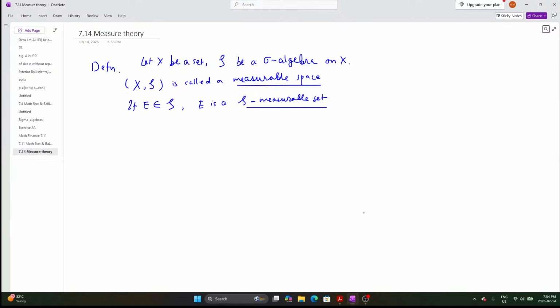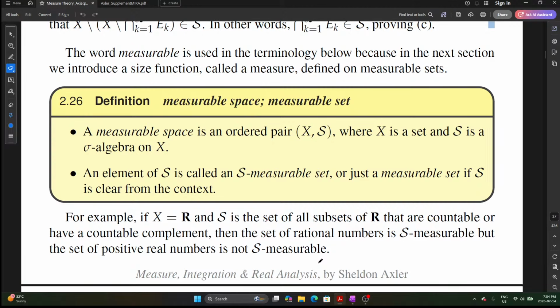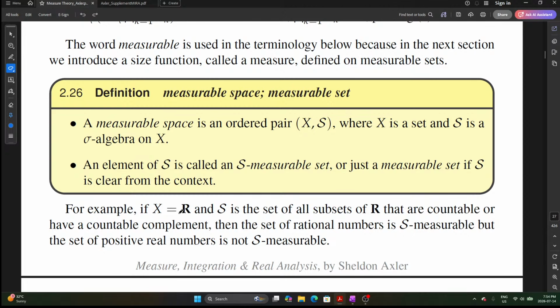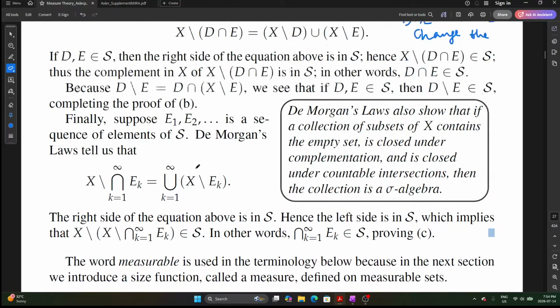Anyway, that's the new notion we introduced today. For example, if X is the real numbers and S is the set of all subsets of R that are countable or have a countable complement, well, that's basically one of the examples we did earlier.